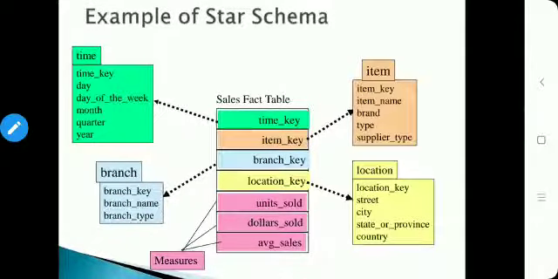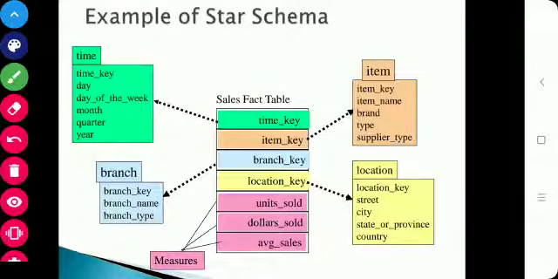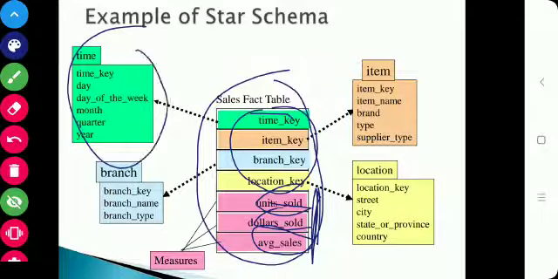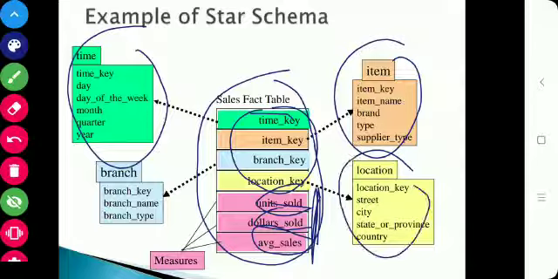It consists of the central table, that is the sales fact table, which consists of all the keys like time key, item key, branch key, location key, and these are the measures: units sold, dollars sold, and average sales. So that is called the fact table, and these are the dimension tables which are linked to this sales table.